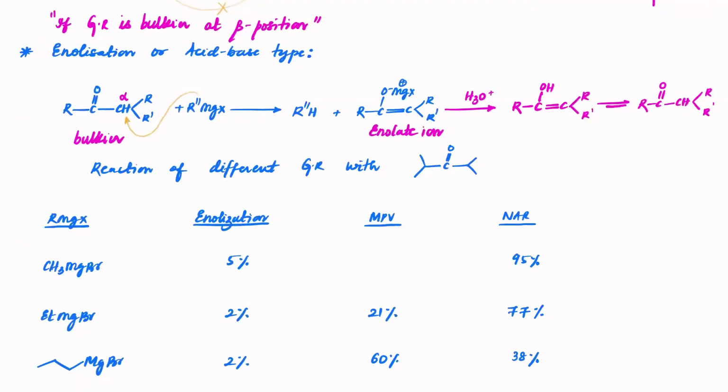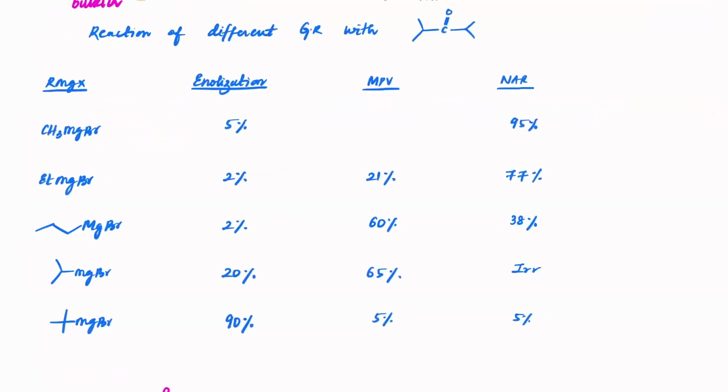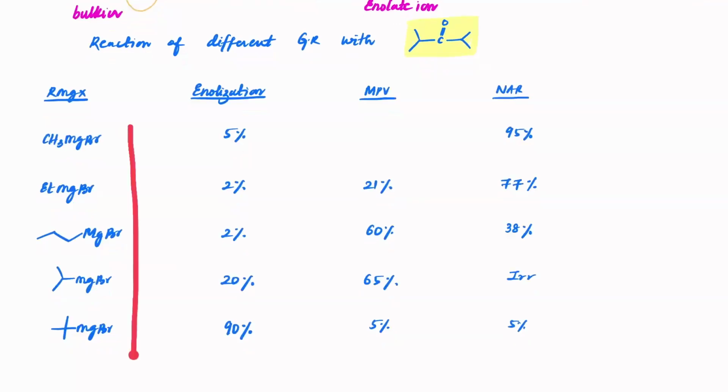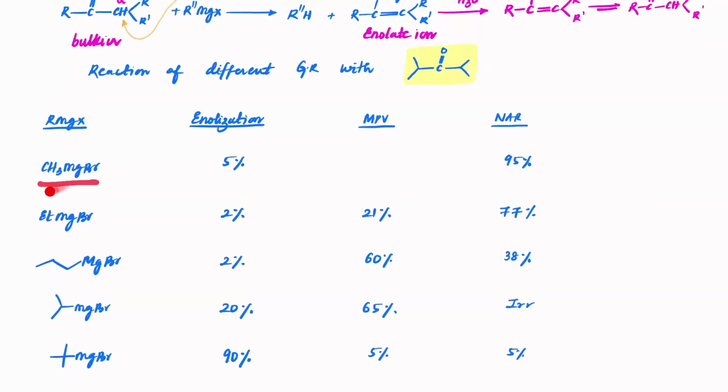Okay, now look into this. What if I take this as the reactant? If I take this as the substrate and then perform a reaction of this RMgX with this molecule, then it has been noticed that with CH3MgBr, the first favorable condition is always nucleophilic addition. That means we expect this CH3MgBr to go attack onto this carbon.